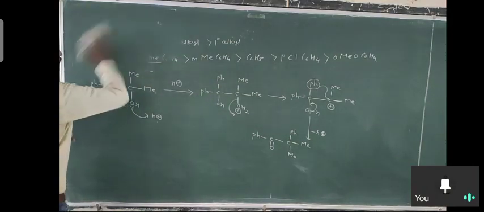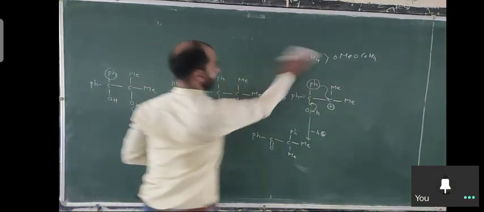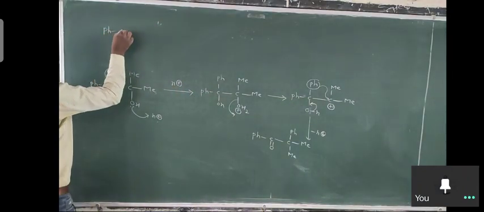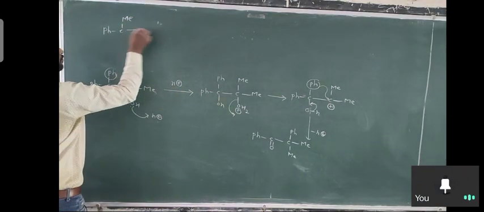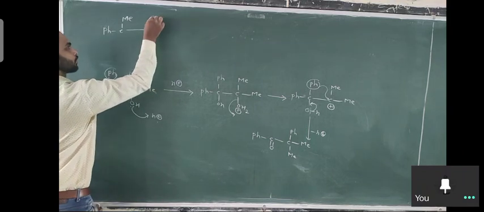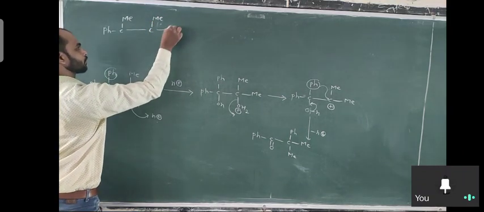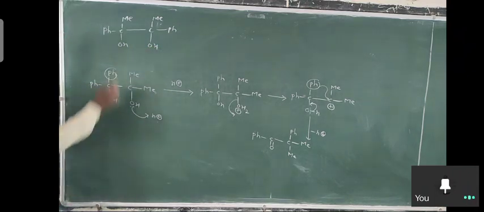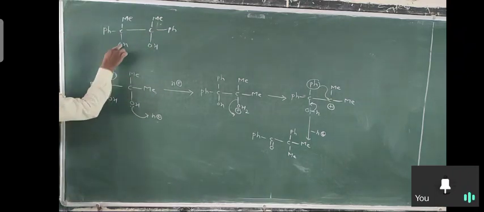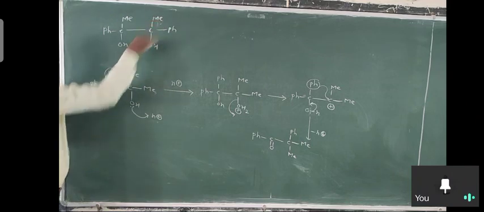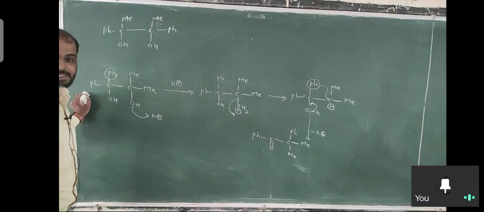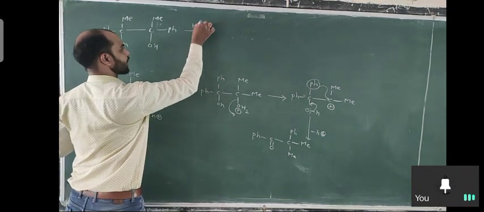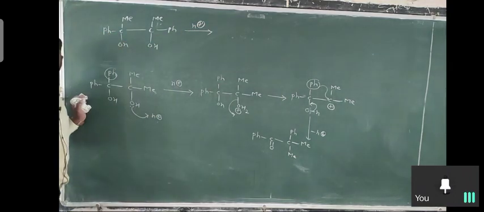Another example is this. Both the carbons are symmetrical: OH, Me, Ph, OH, Me, Ph. Both carbons have the same substituents. That means you can do the protonation at any one hydroxy group.